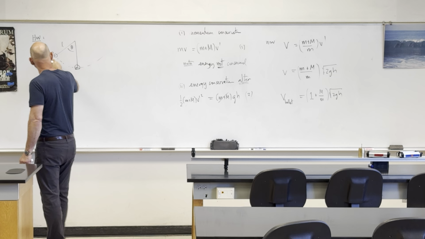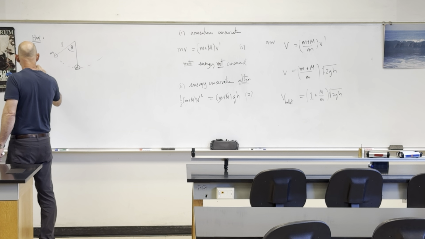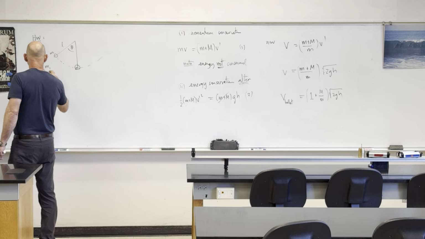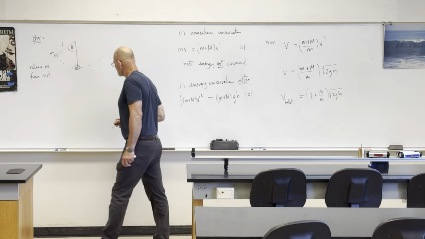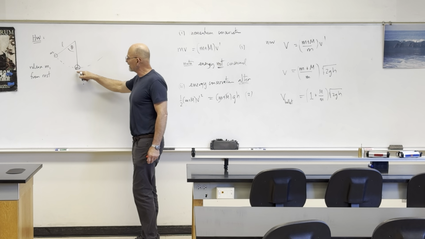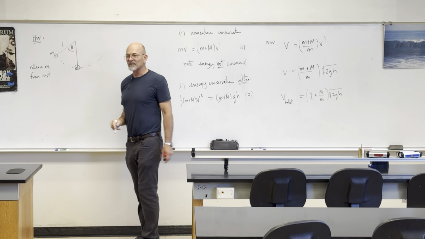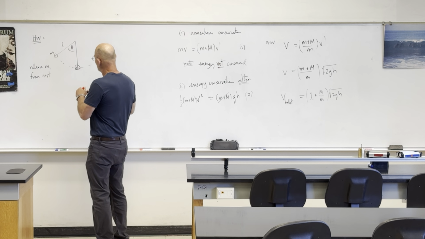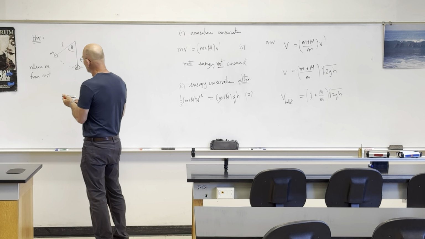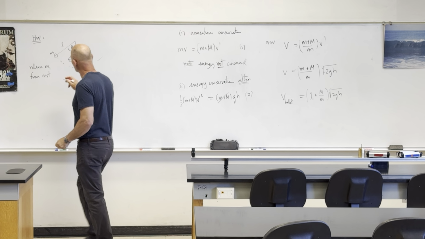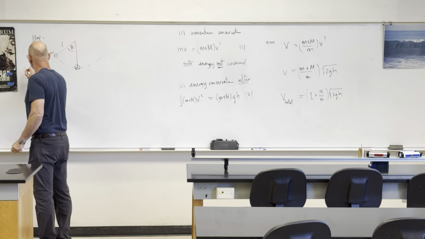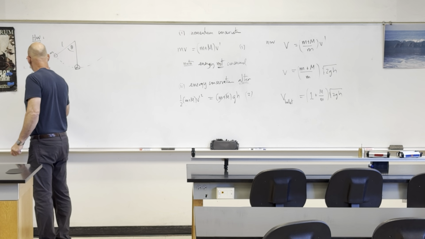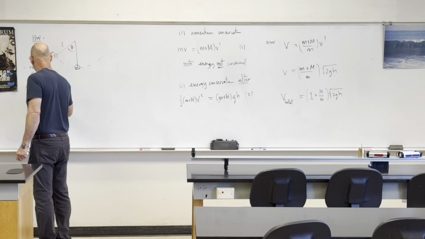So we're gonna release M1 from rest. And M2 is at rest, and they're gonna collide and swing up a certain amount, okay? So they're going to collide, stick together, and swing up. So we release from rest, and we have a perfectly inelastic collision.